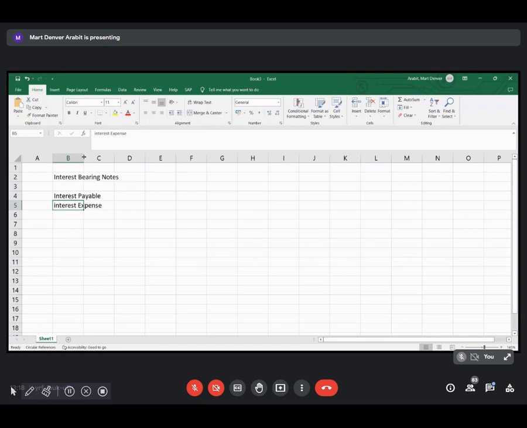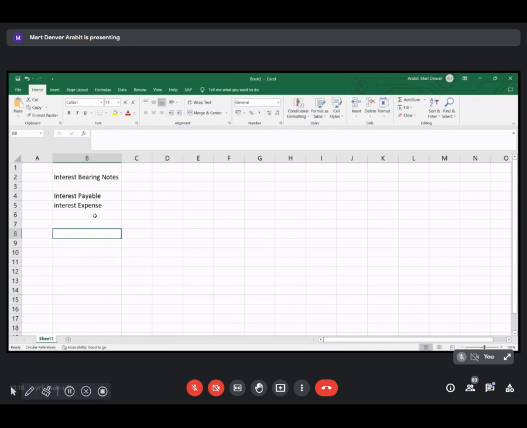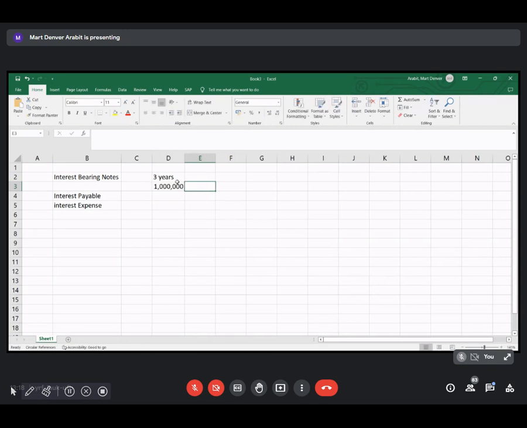Actually, for interest-bearing notes, it is computed and maintained subsequently using the amortized cost. So, let's say, kunin natin yung example dito na 3 years, and the amount of note is 1 million, and the stated rate of 10%.